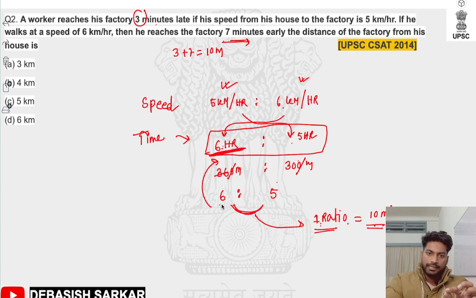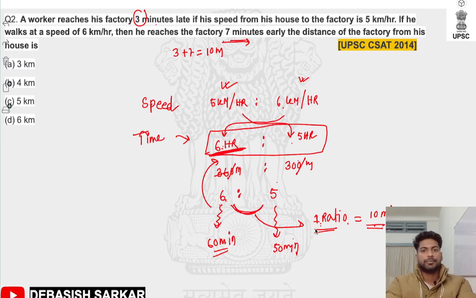So definitely this is your 6 ratio, it means 60 minutes, and this is 5 ratio, it means 50 minutes. Look, if 1 chocolate price is 10 rupees, 6 chocolates will be 60 rupees, 5 chocolates will be 50 rupees. So if the speed is 5 kilometer per hour, it will take 60 minutes.